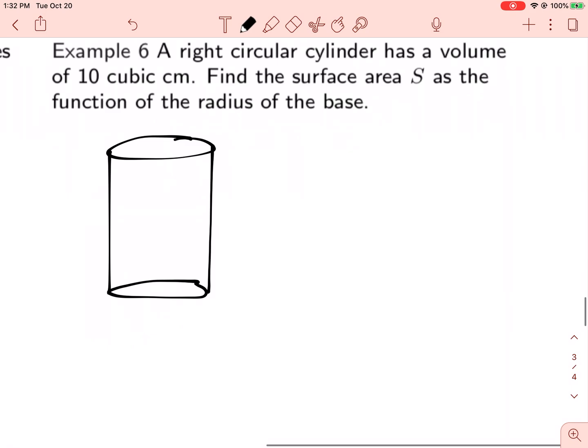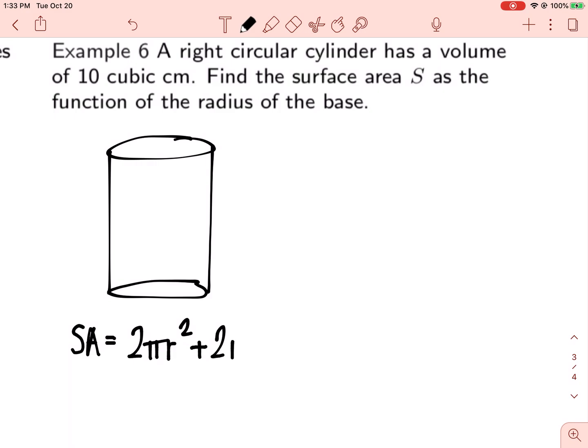My goal is to find surface area, which, looking at the front page, gives me my formula. Surface area is 2 pi r squared plus 2 pi r h. Okay, this is from the beginning. I want surface area, though, just with r. So that means h needs to be replaced.